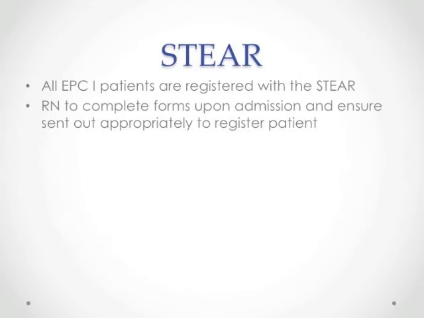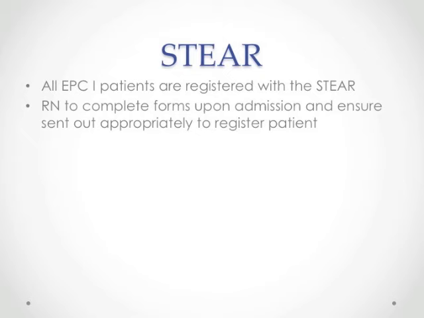On STEER, we complete or make sure that the family members complete the STEER information that is in the admission pack. That is for the EPC 1 patients. That's your Emergency Preparedness Code 1 patients. Those are the patients that in case of an emergency or some type of disaster, those patients need to be reached first and before any other patient.